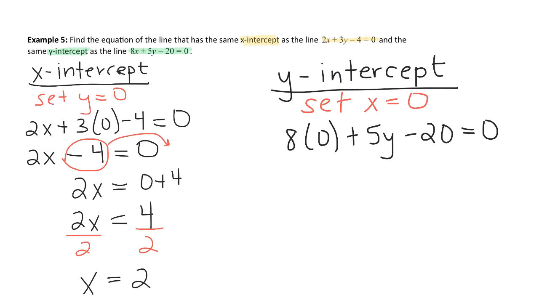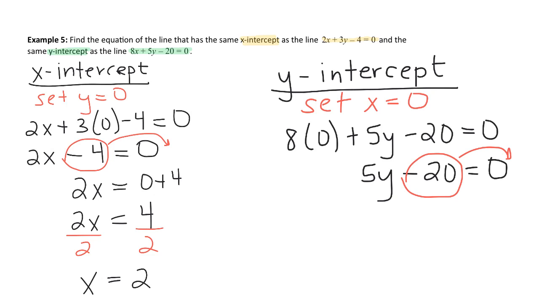So I went ahead and recopied the equation, except in the place of the letter x, I've put in a 0. So I know that 8 multiplied by 0 is just 0, so that's going to leave me with 5y minus 20 equals 0. So I need to separate my terms. I'm going to bring this negative 20 over to the right-hand side.